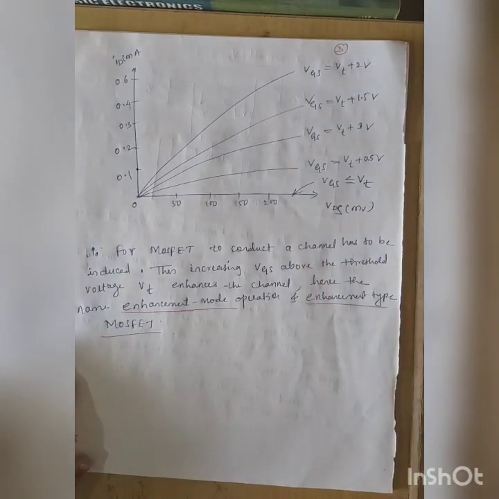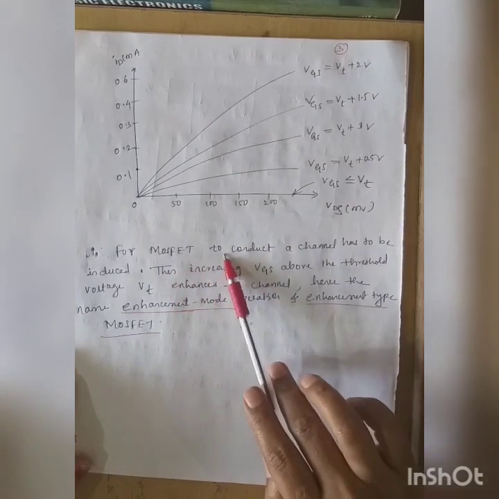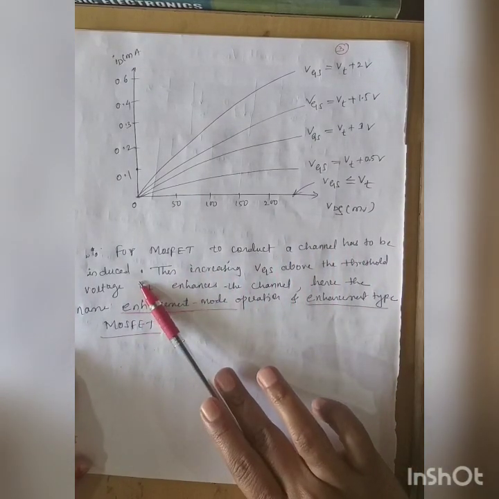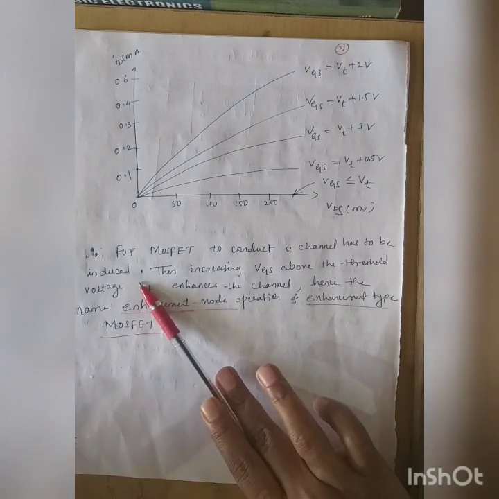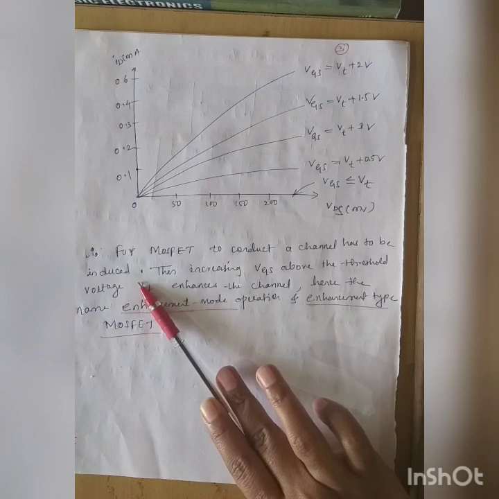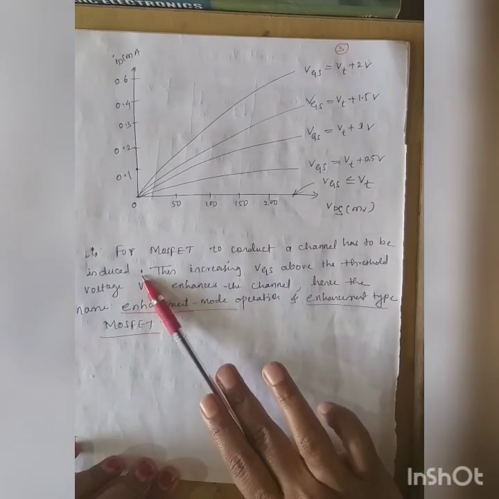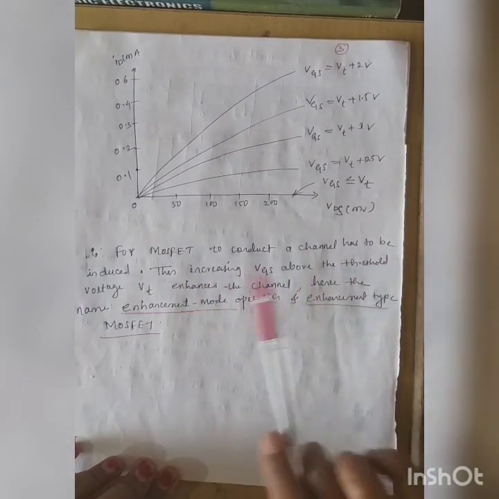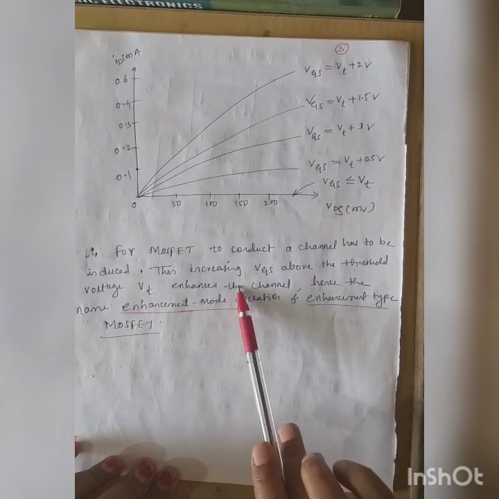So what we conclude here: for a MOSFET to conduct, the channel has to be induced. Unless you create a channel by supplying VGS, the channel is not going to be created, so it will not conduct. So we have to induce the channel. Then increasing the VGS above the threshold voltage VT enhances the channel.